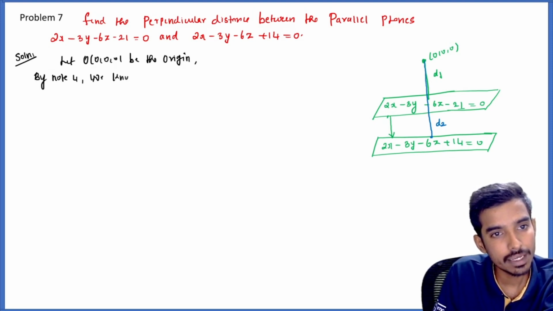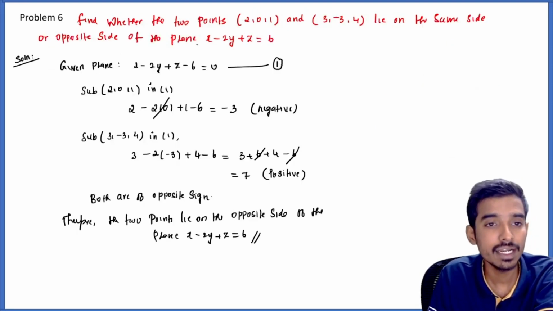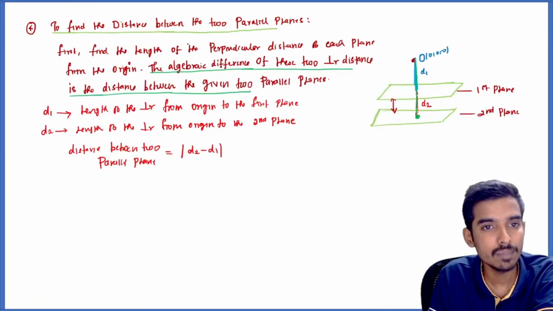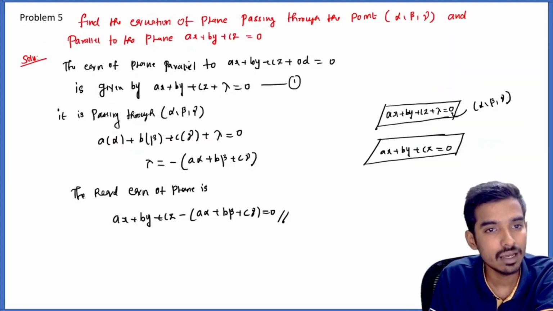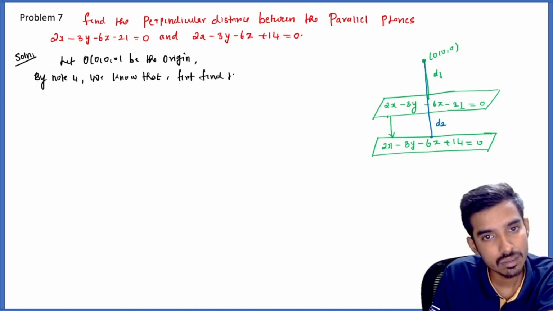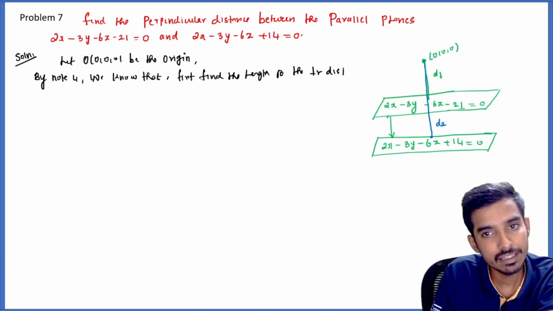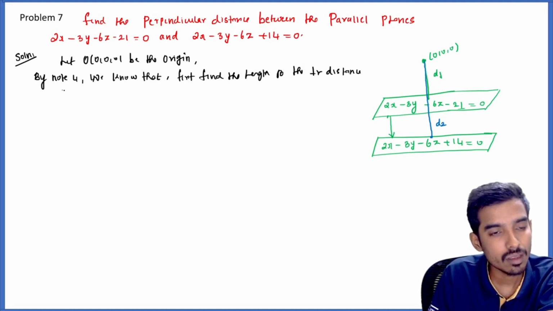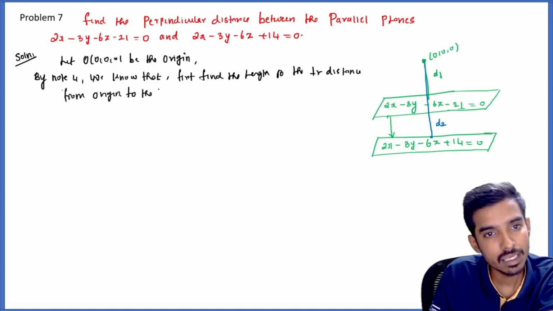By note 4 we know that... so just go through note 4 that we discussed in the previous class. First find the length of the perpendicular distance of each plane from the origin, to the given planes.